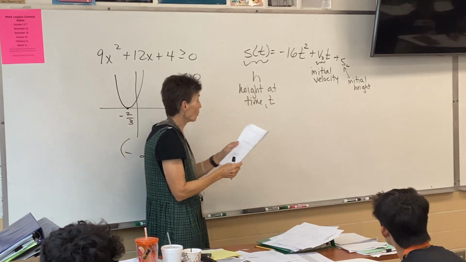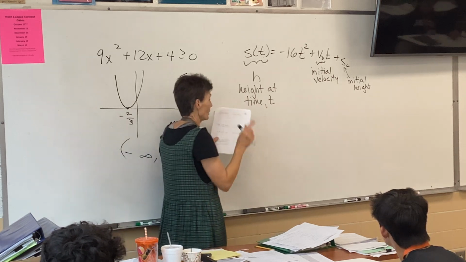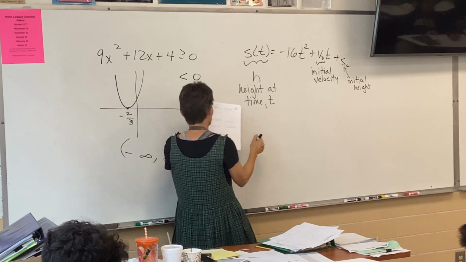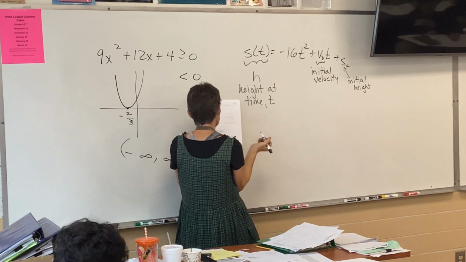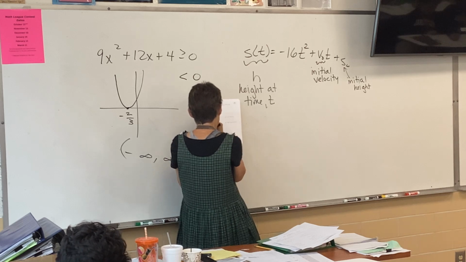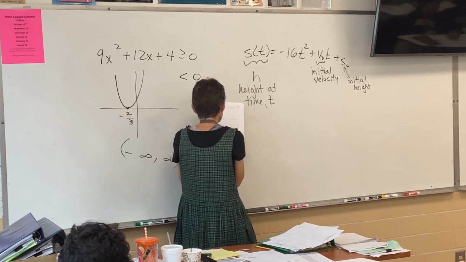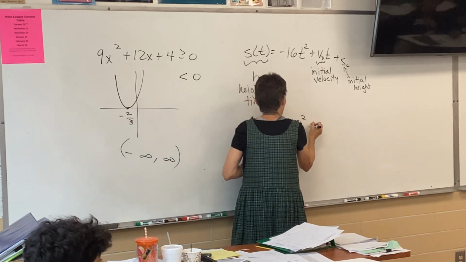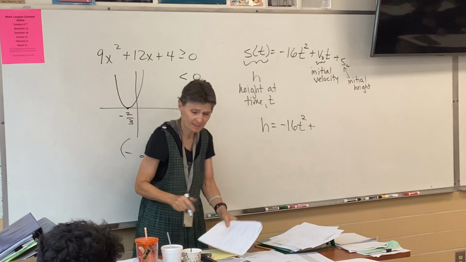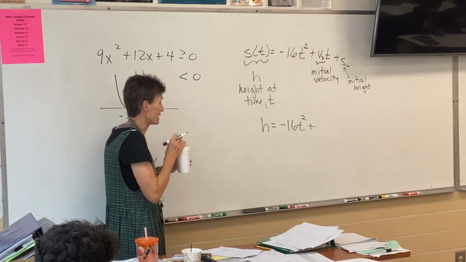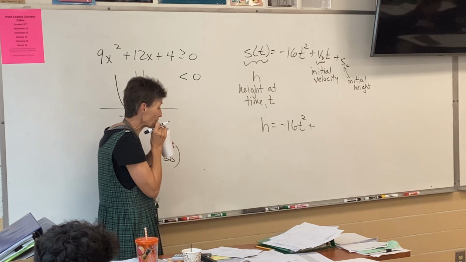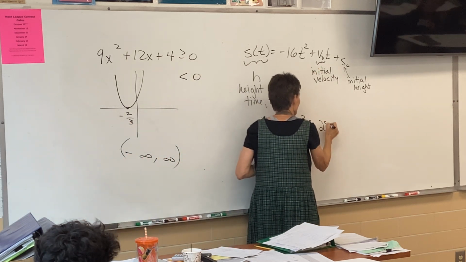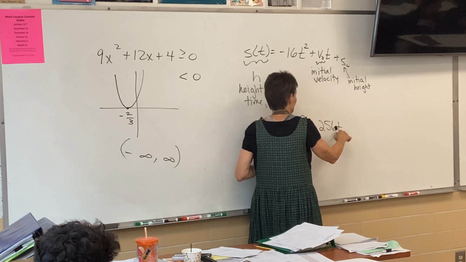Okay, so when I read the problem, I'm going to write an equation for this data. A projectile is launched straight up from ground level with an initial velocity of 256. So I'm going to put 256t.